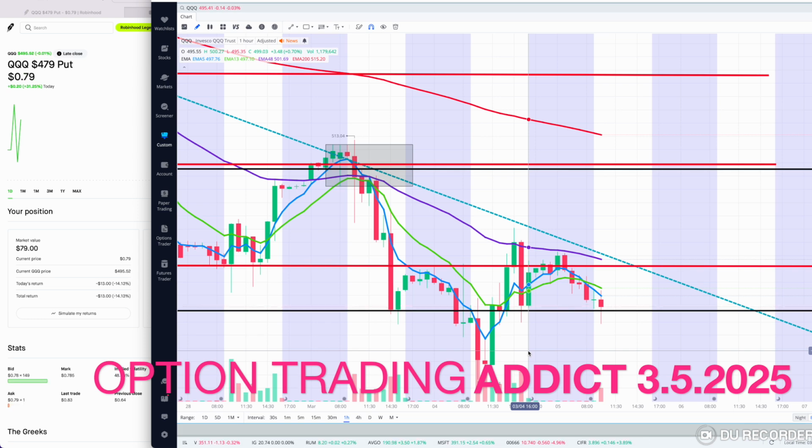Alright, so this is kind of stuck at the 495 area. Keeps bouncing and going back up and coming down. Like I said, from what I've seen, that 513 crossover should make this break down.